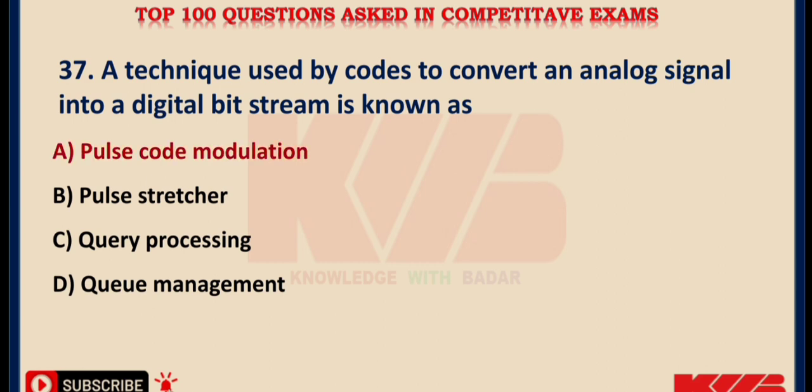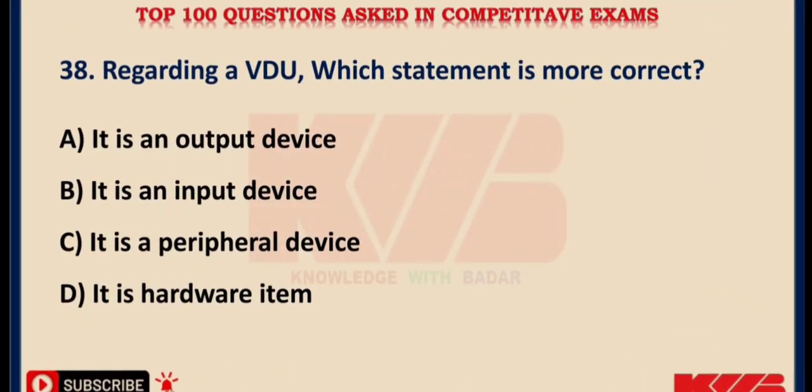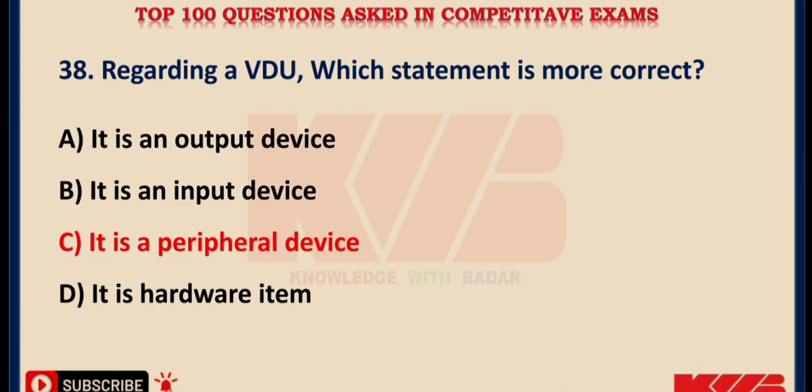And it is called pulse code modulation. The next one. Regarding a VDU, which statement is more correct? It is an output device, it is an input device, it is a peripheral device, or it is a hardware item? Yes, it is a peripheral device.